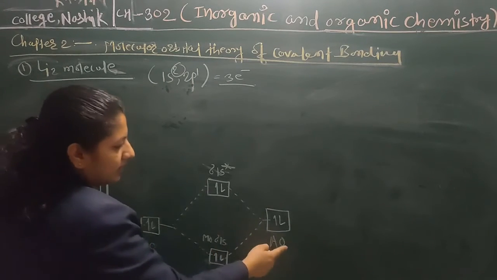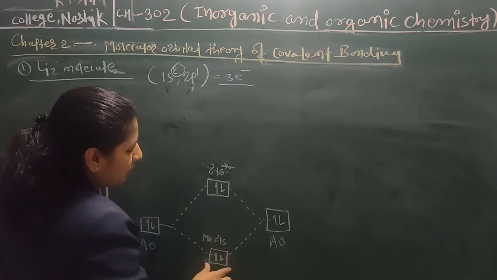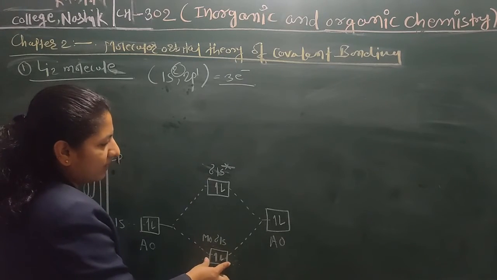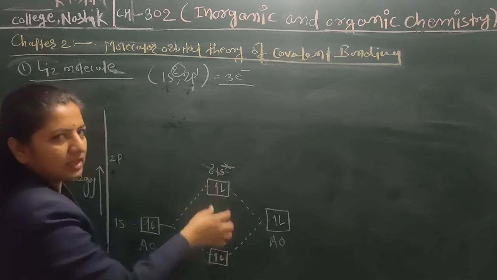There will be 2 electrons in sigma 1s and 2 electrons in sigma 1s star. So in bonding there will be 2 electrons, and in antibonding also there are 2 electrons.